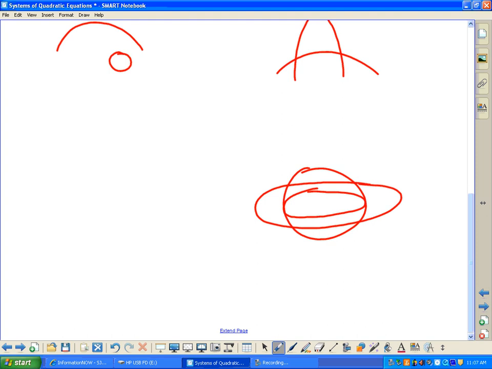Could I get 5? Is there any way to make any of these conic sections intersect 5 times? That would only be 4, right? Is there any way to get 5? Which conic section are you talking about?